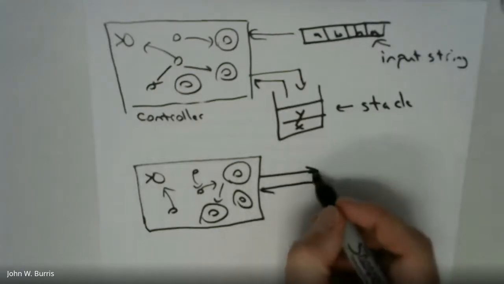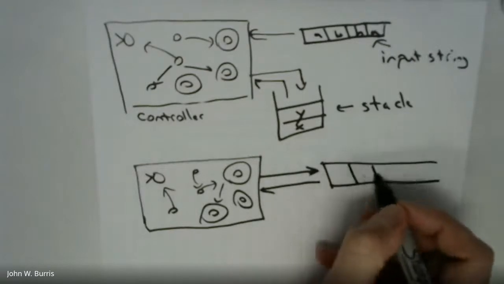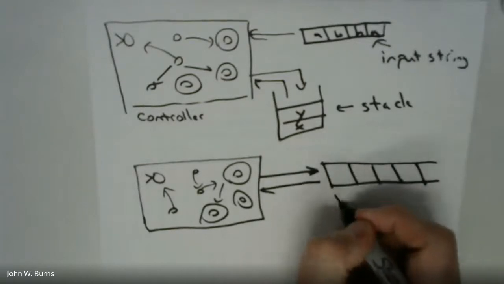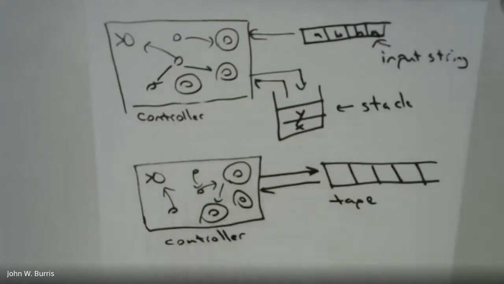And both from the input and output standpoint, there's this infinitely long tape. Now, you might ask, are we still doing the same thing? Yes, we are still checking strings to see if they belong in this language. We are absolutely still doing that.